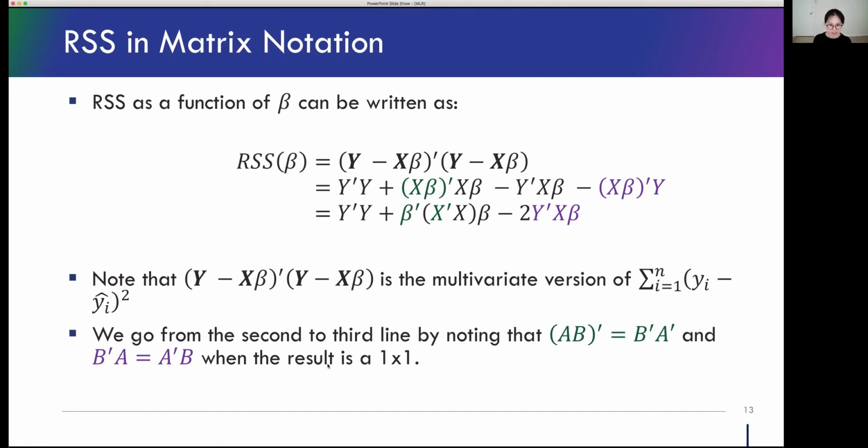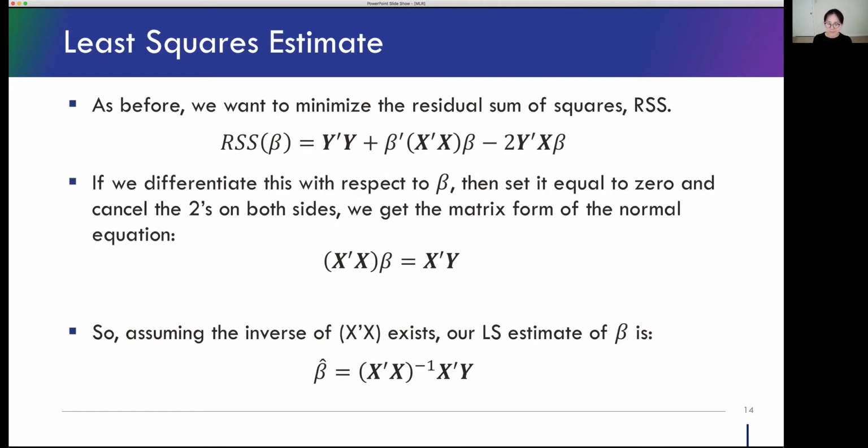I have a small note here about why we get this, but we have gone over this in week 2 when we talked about simple linear regression. I'm not going to repeat it. This is just for your easy reference, so I put it here in the multiple linear regression slides.